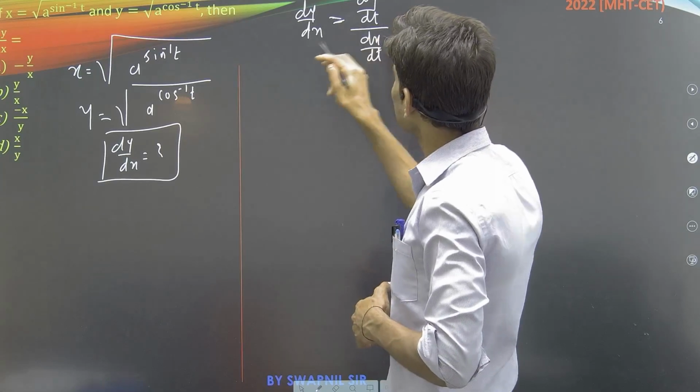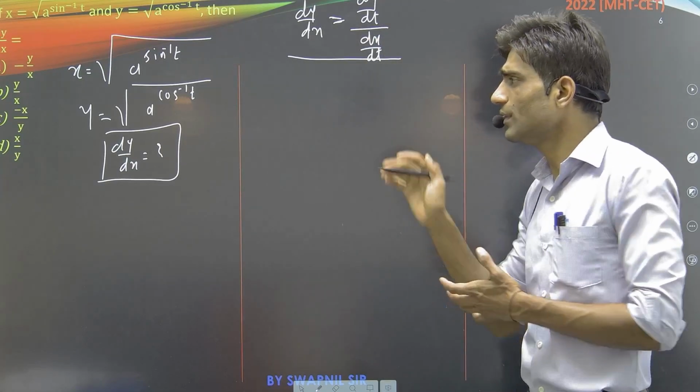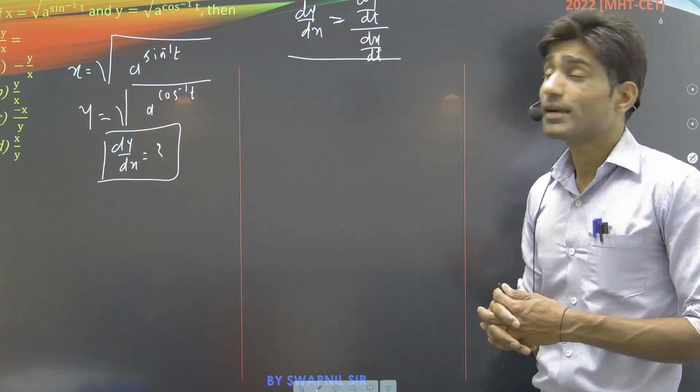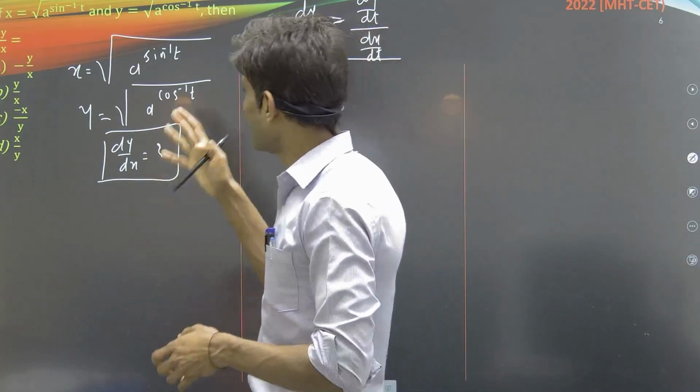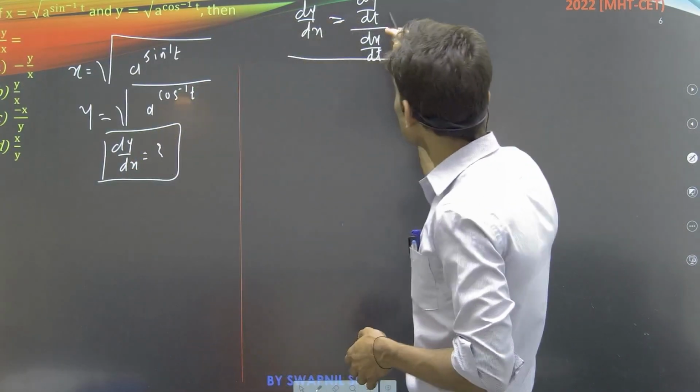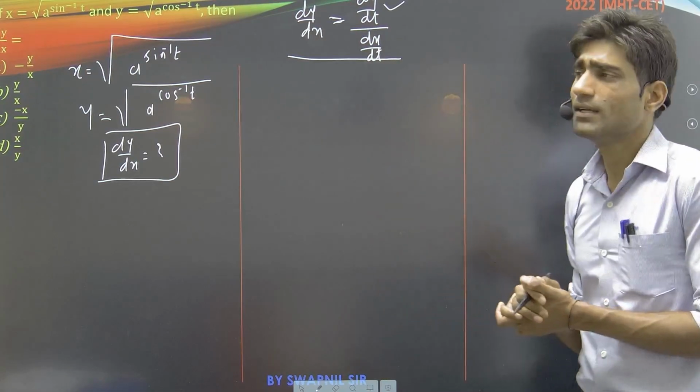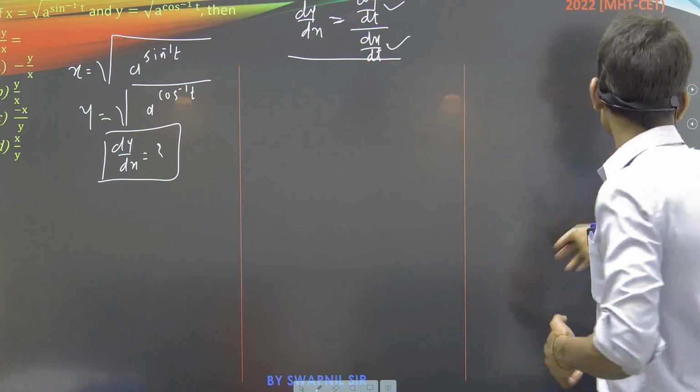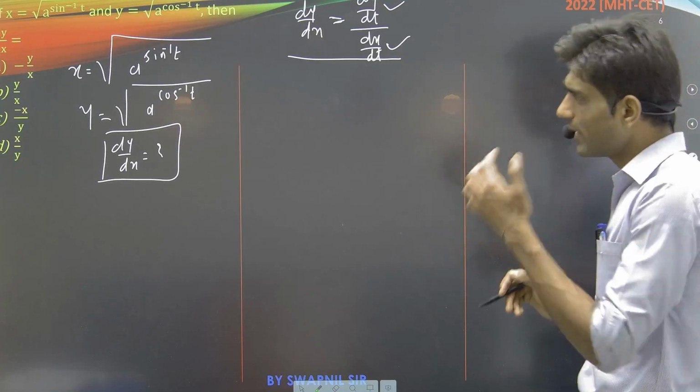So we find dy by dt first, then dx by dt, and then take the reciprocal.